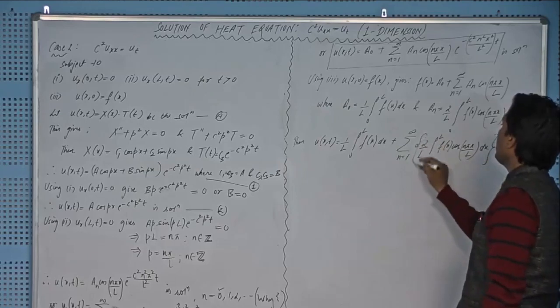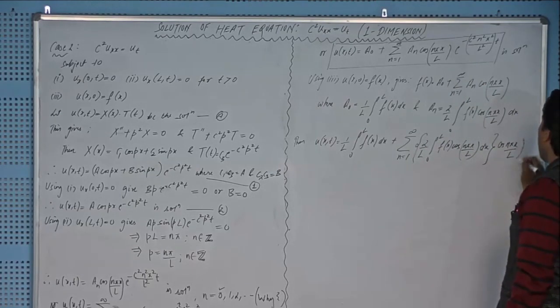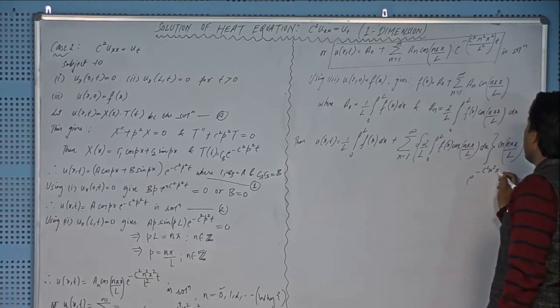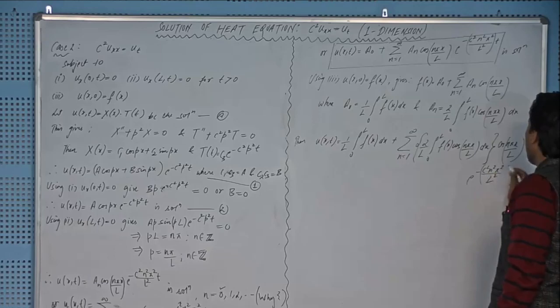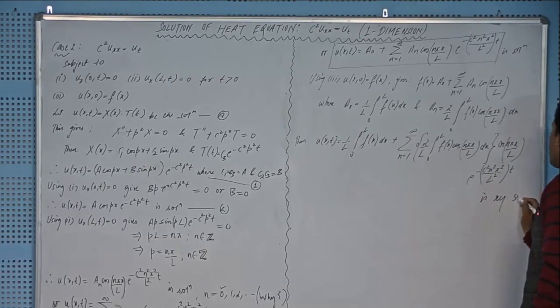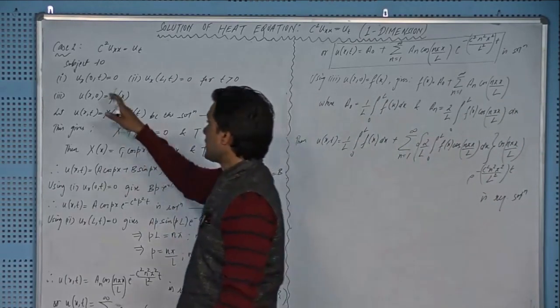This is the value of a n, and then cos(n pi x over L) multiplied by e to the power minus c square n square pi square over L square multiplied by small t. This is the required solution, the most general solution, using every condition, first, second and third conditions.